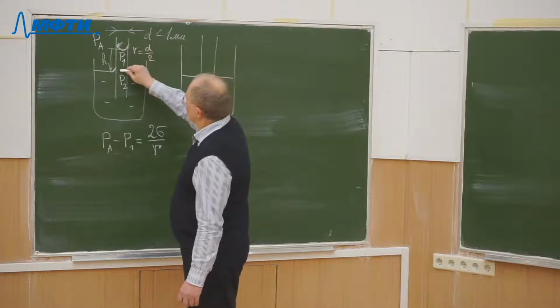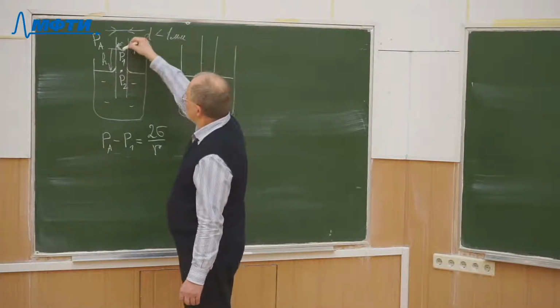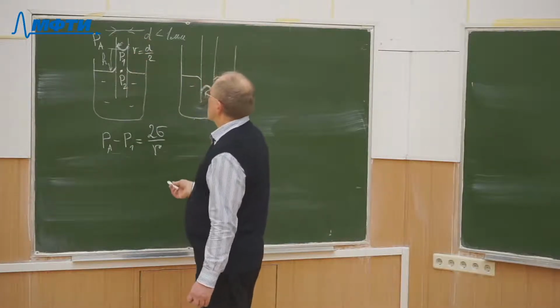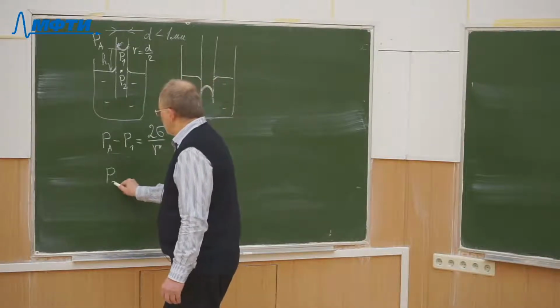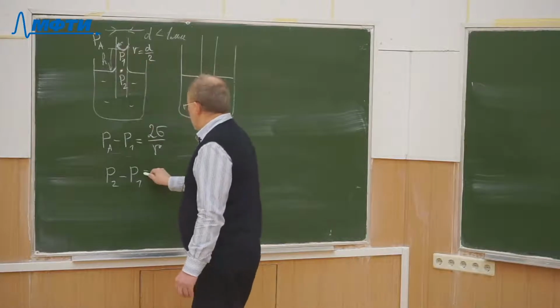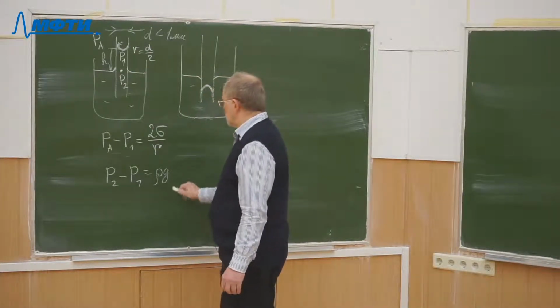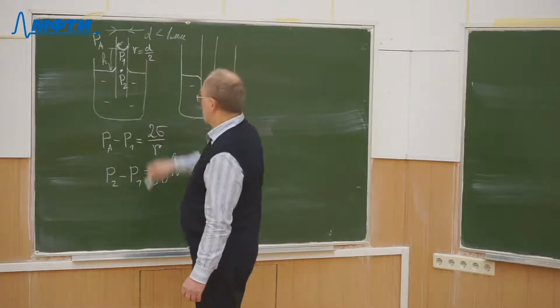Then we know that at point 2, the pressure P2 will be higher because of the pressure of this water column. At point 2 the pressure will be higher than at point 1, exactly by the formula: the density of liquid, the acceleration of free fall, and the height of this water column.